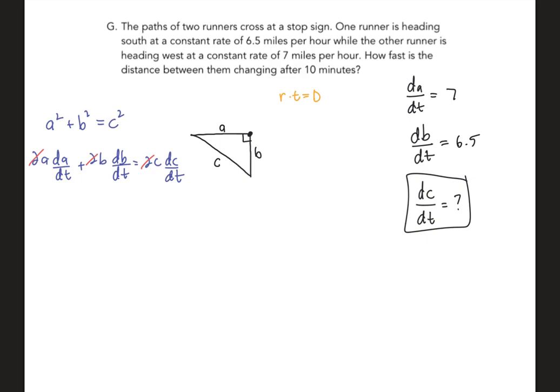The only thing is these are both in miles per hour, but this is in minutes, so we have to use common units. 10 minutes is a sixth of an hour. So we'll use 1/6 of an hour.